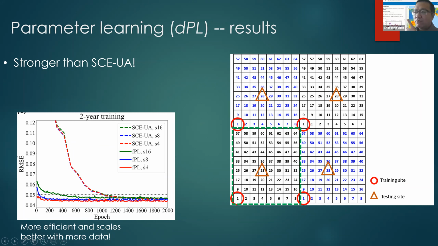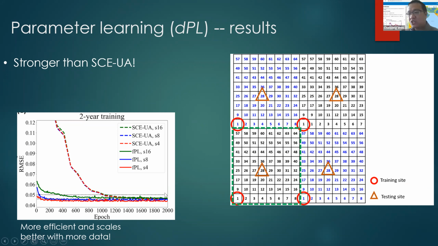If I train over an 8x8 patch, it goes down here by 30 epochs. And if I do this for every 4x4 patch, so the data become denser and denser, I go down this threshold in 5 epochs. So you see there's a data scaling effect here.